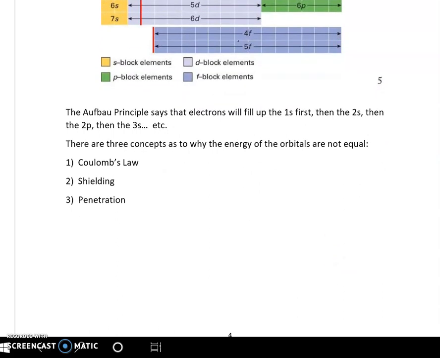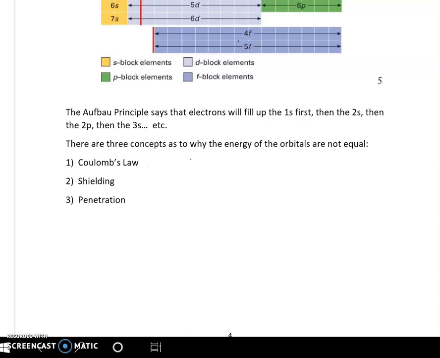Now, there are three concepts as to why the energy of our orbitals are not equal. These are why our energy levels split: Coulomb's law, shielding, and penetration. I forgot to say that these three concepts are all associated with the energy of our electrons in the vicinity of our nucleus.